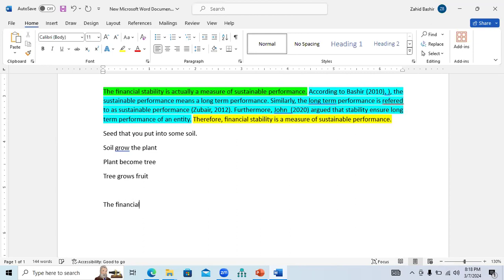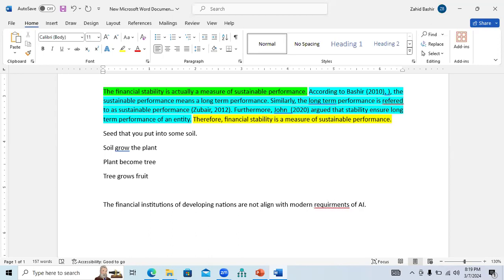The financial institutions of developing nations are not aligned with the requirements of AI.